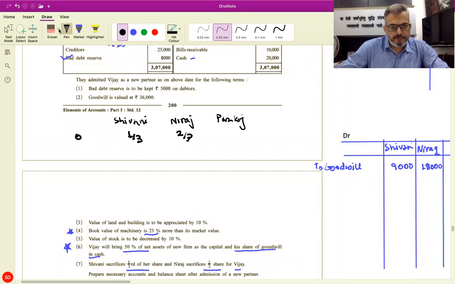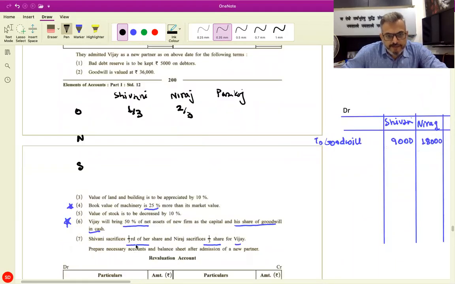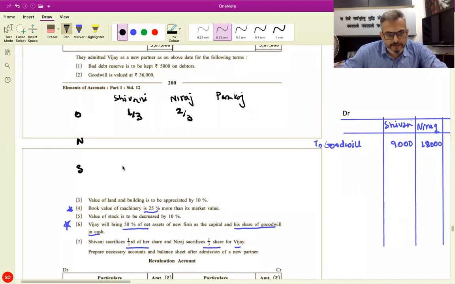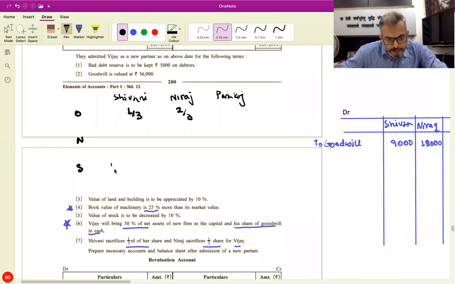New ratio we don't know, but sacrifice information is given: Shivani sacrifices 1/3 of her share. So her share is 1/3, and 1/3 of that is again 1/3 times 1/3, which comes to 1/9.